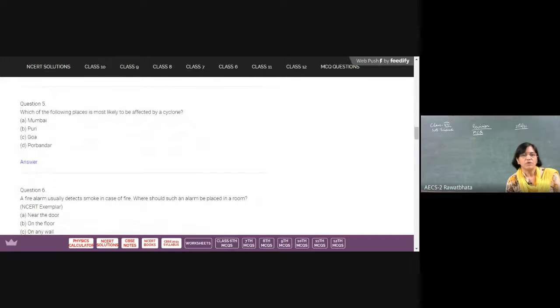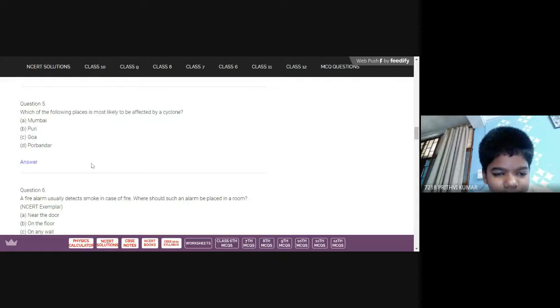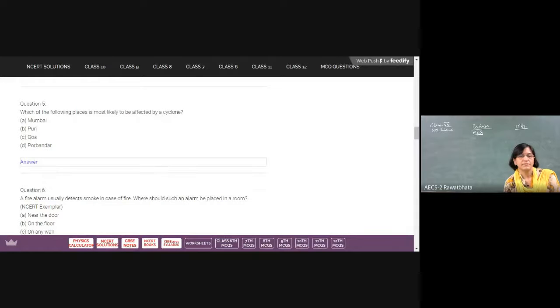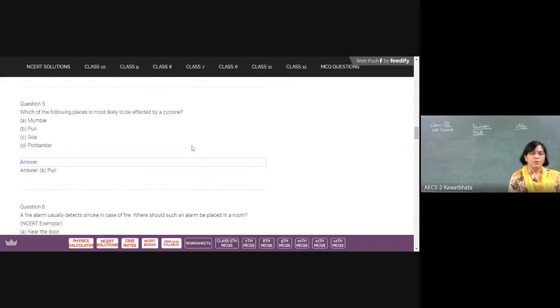Question number 5. Which of the following places is most likely to be affected by cyclone? Most likely affected. The same kids are answering me. The others need to get included. Okay, Prithvi. Ma'am, Goa. Let's see. Puri. Why Puri? Because we know very well that cyclones are going to hit a particular region only.